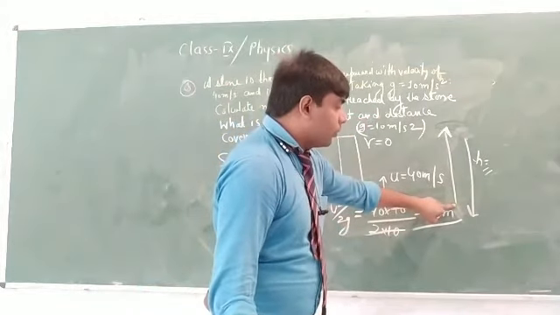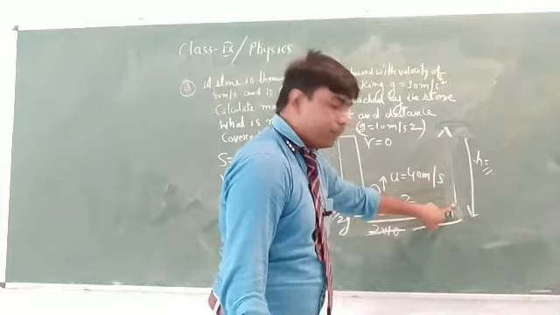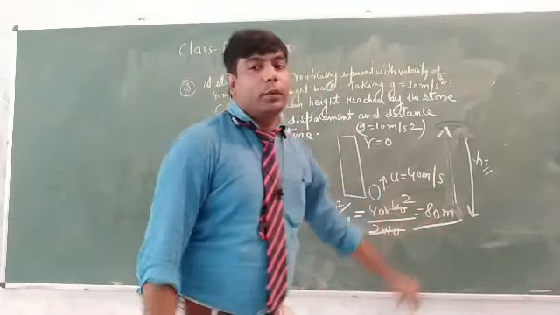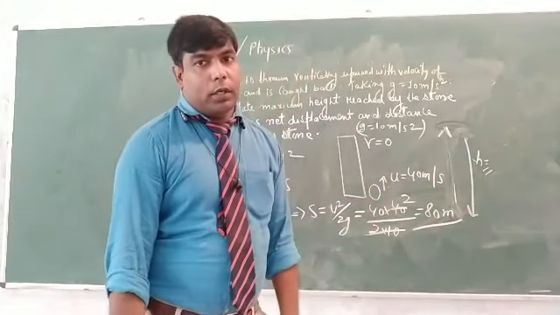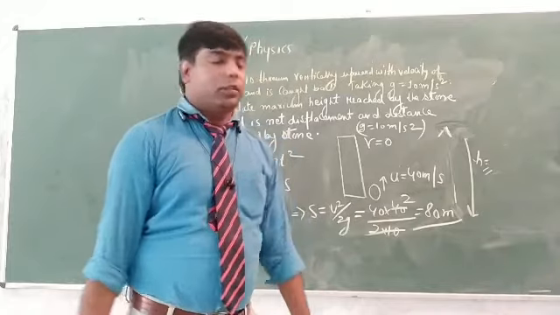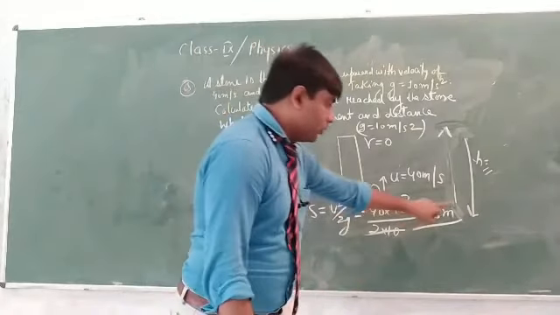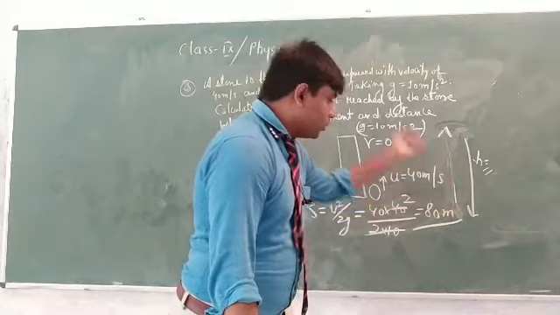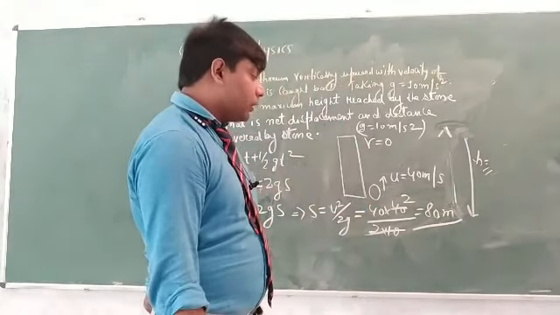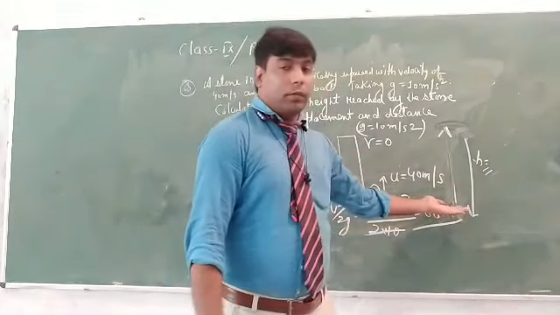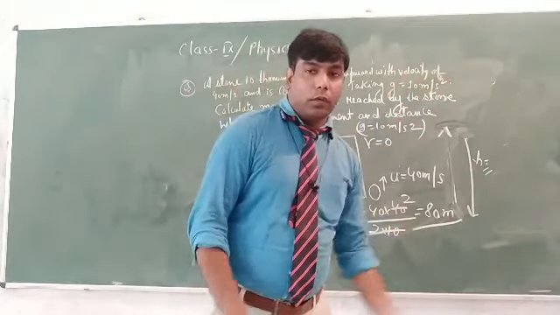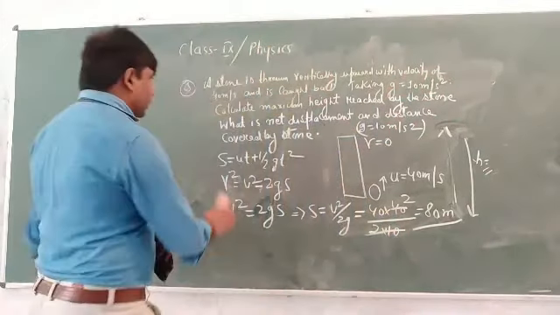This stone is thrown from this side. It is coming back here. So net displacement will be 0, that is, initial position and final position are the same. What is distance? Distance is the total path covered, 80 upward, 80 downward. So total is equal to 160, right?